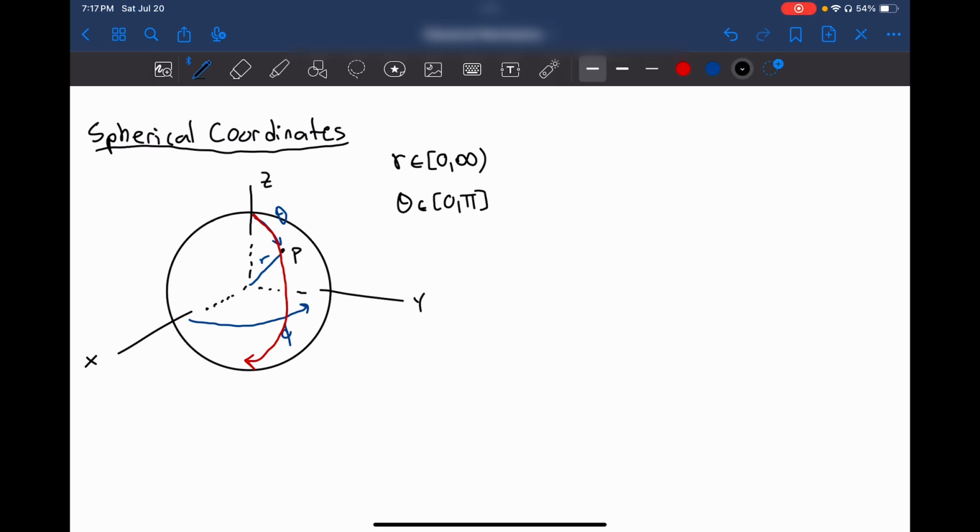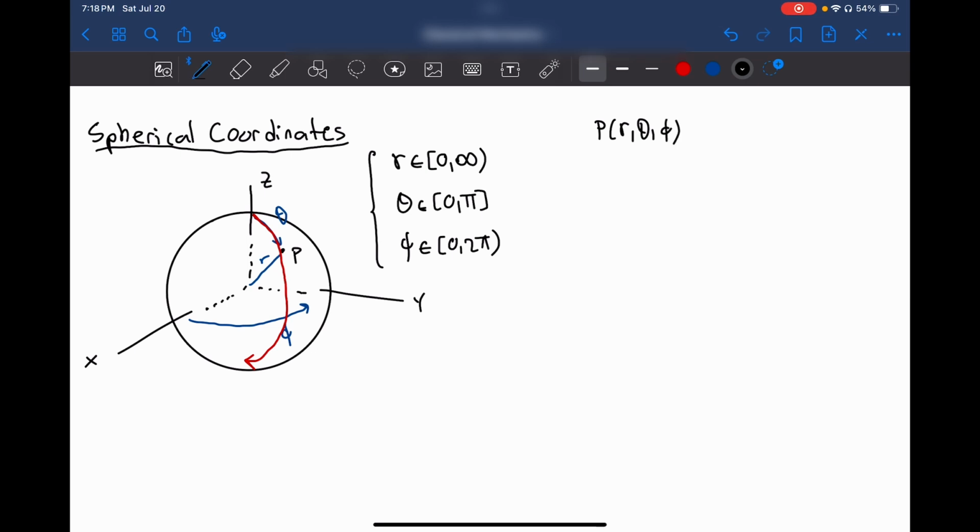It'd be the same. Phi can take on any value, 0 to 2 pi. And with these domains, these three coordinates can describe an entire sphere, the surface of an entire sphere. So P has components r, theta, and phi.